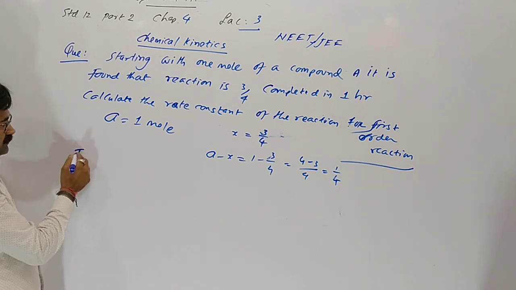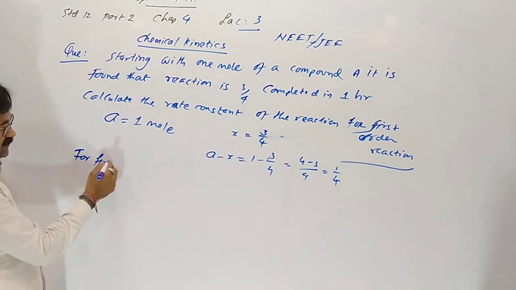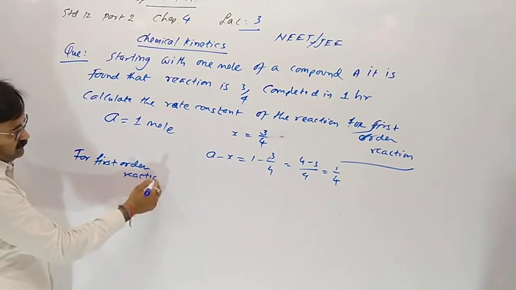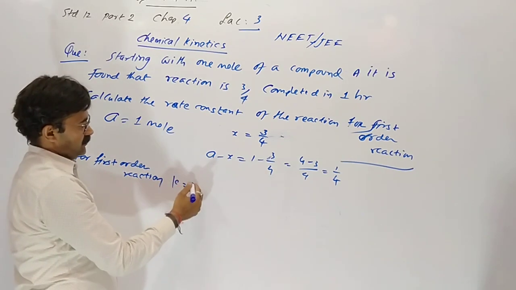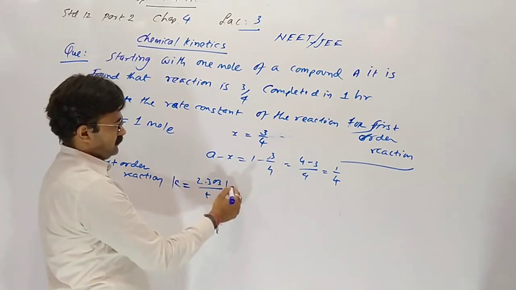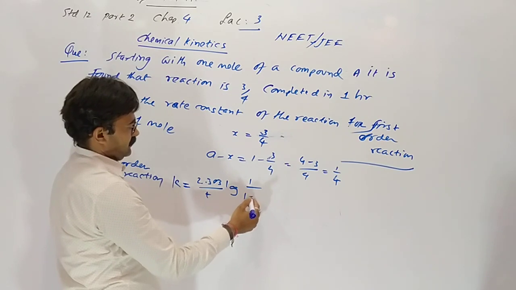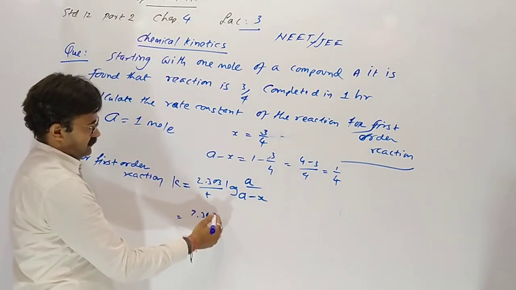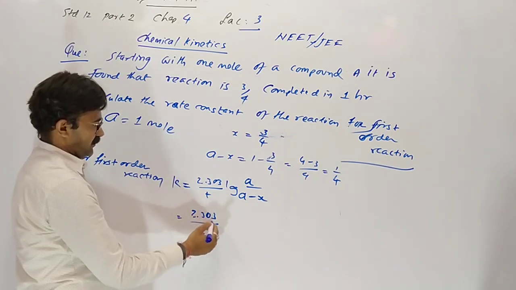So we know for a first order reaction, K equals 2.303 upon t log a upon a minus x. Time is given as 1 hour.